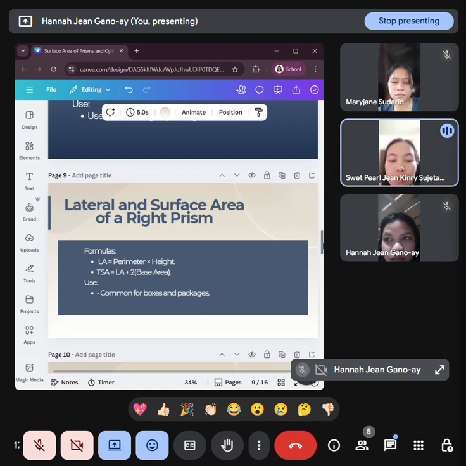Right prisms make surface area calculations much easier because all the side faces are rectangular. These formulas apply directly without extra adjustments because the sides are not slanted. This is why right prisms are used for many practical items like boxes, containers, and storage units.